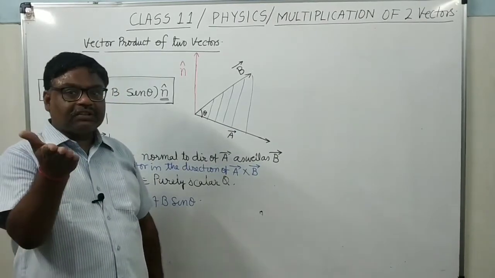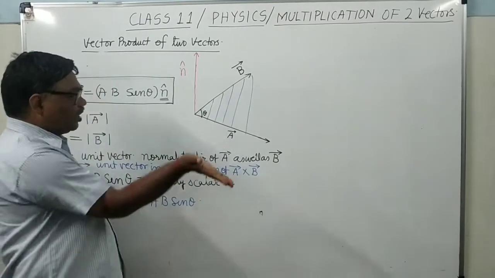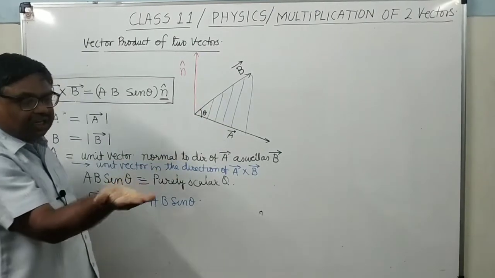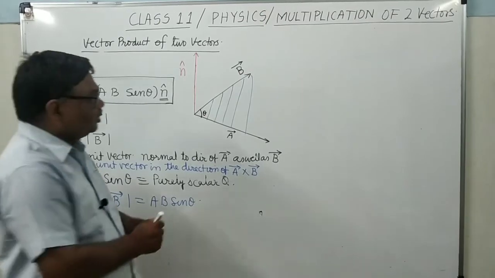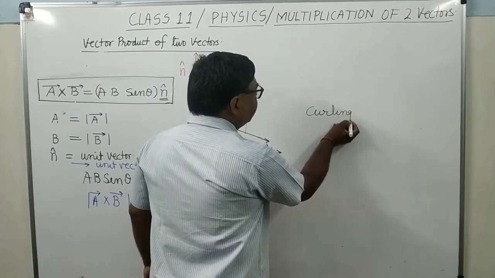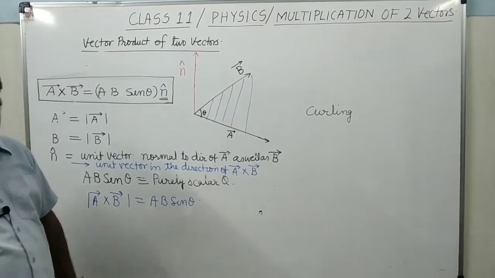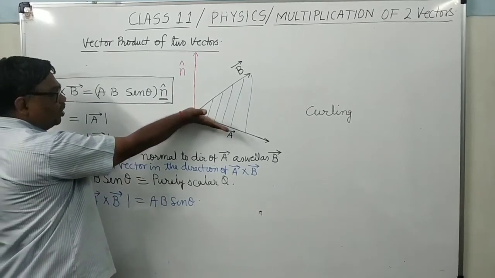Then you place this palm of the right hand along the first vector and curl the fingers. Curling means turning of the fingers. The curling of the fingers should be in the direction of the other vector, towards the other vector.